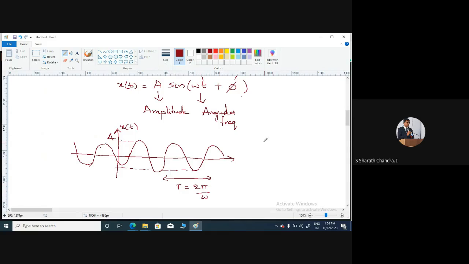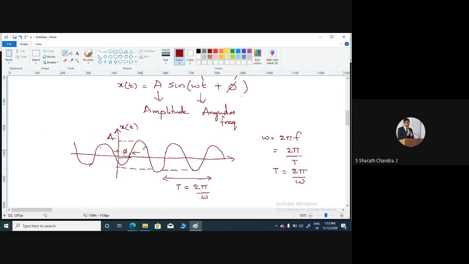Generally, we write omega is equal to 2 pi f from the angular frequency definition, and this can also be written as 2 pi by T, or else T is equal to 2 pi by omega. And phi represents the phase of this particular signal, where it is slightly deviating from the zero phase.